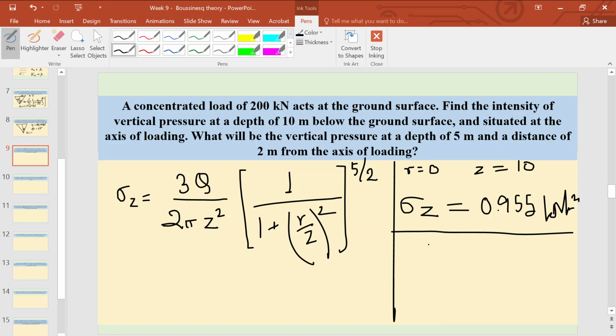Now in the second scenario, radial distance r equals 2 meter and z equals 5.